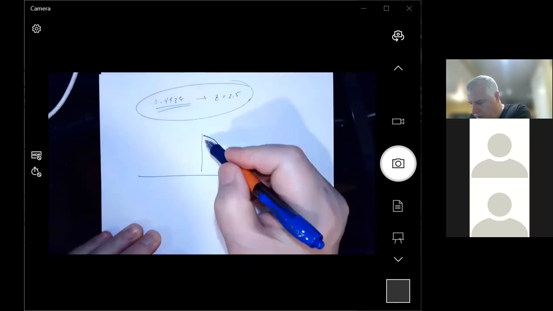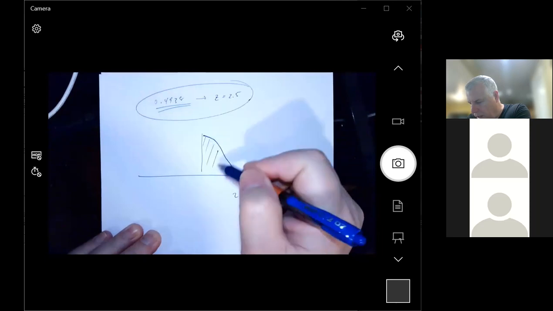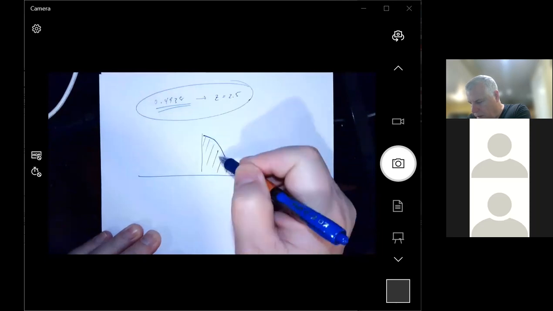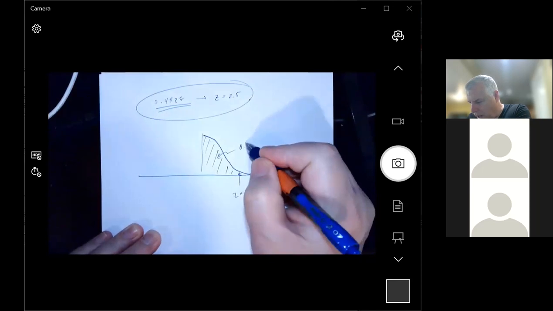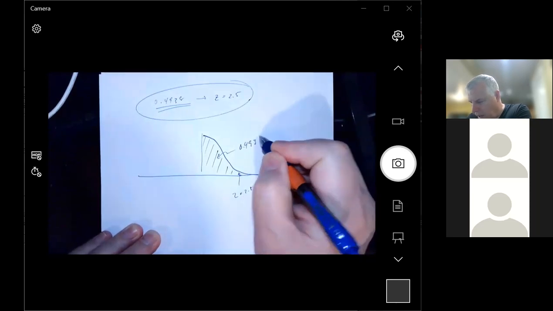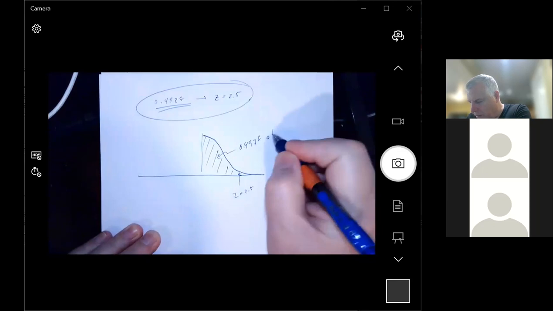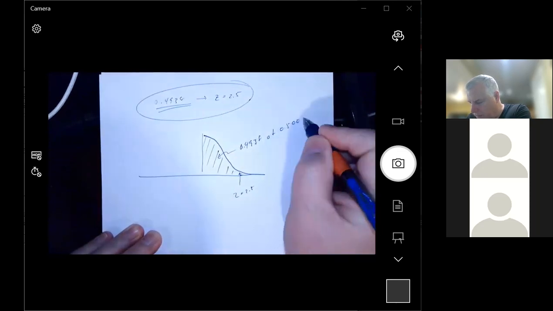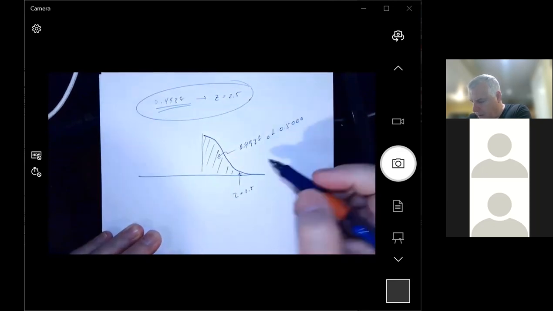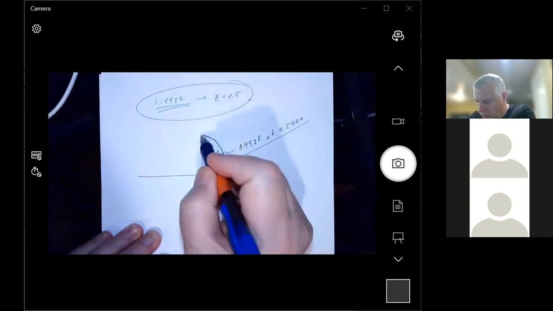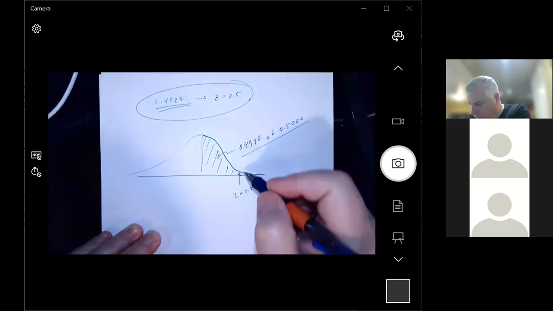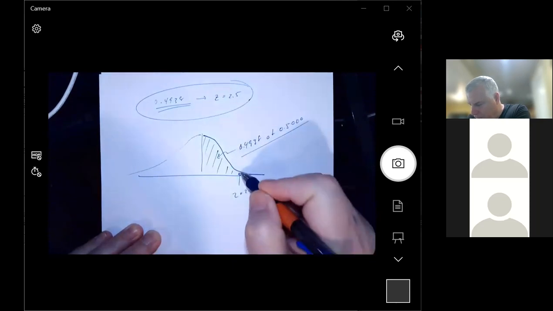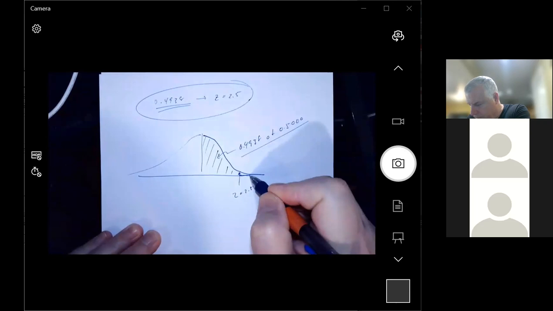And of this, we have already covered approximately 0.4938 of 0.500, right? So there's also a wing out here, if we're considering only the cases that are out here.